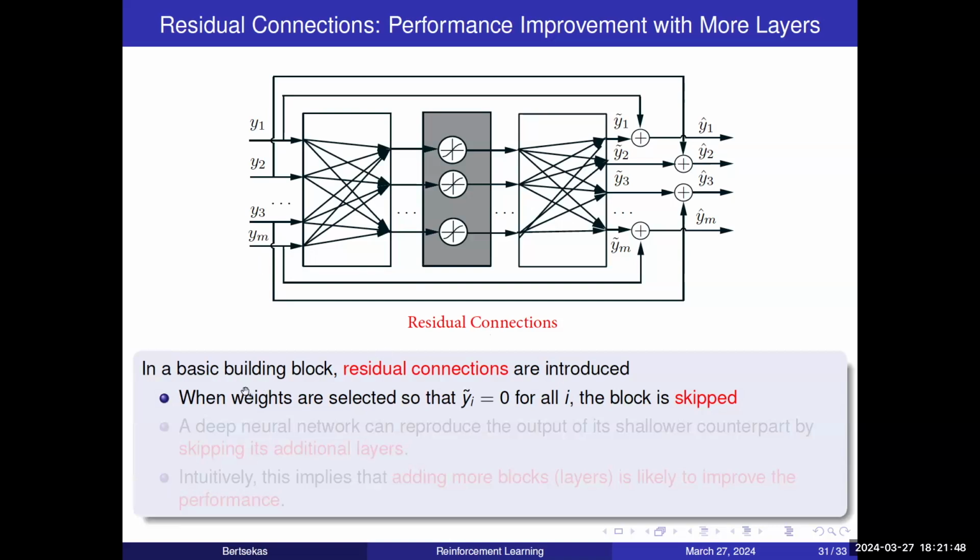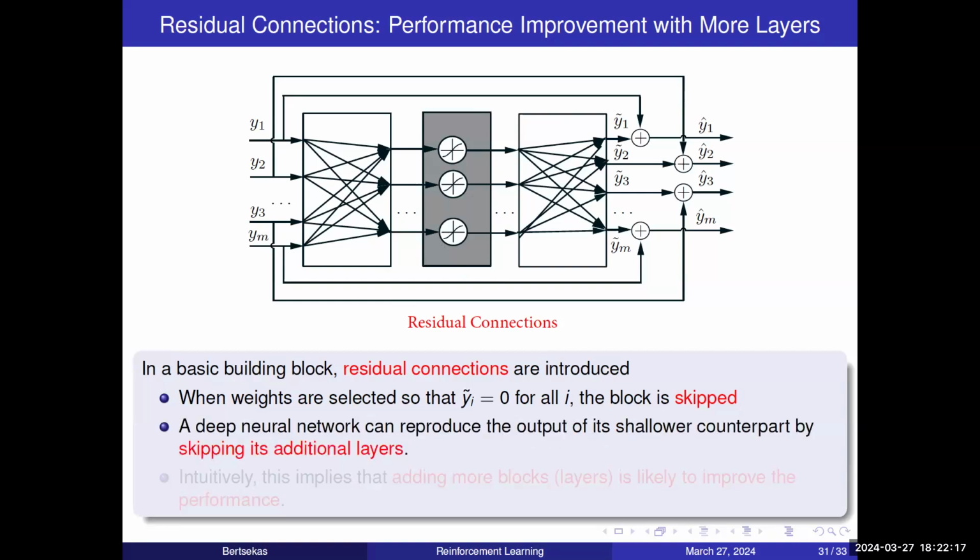And what is nice about this building block is that when the weights are selected such that y tilde here is 0, then this building block is essentially skipped, which means we have a constructive way to obtain a shallow network out of a deep neural network using this building block.